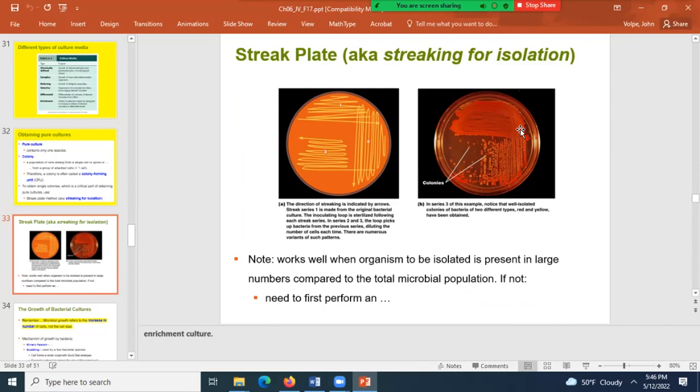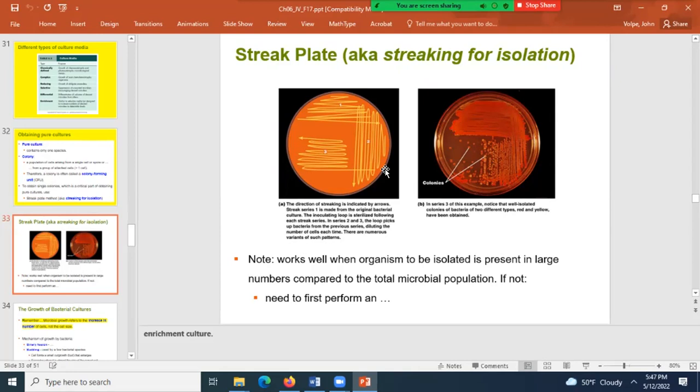And then we pick up cells from the previous sector, and then carry those cells into the new sector. And then we don't go and pick up more cells. So we only pick up cells a few times, usually 3 or 4 streaks is what you do to pick up the cells. And then you streak this sector.